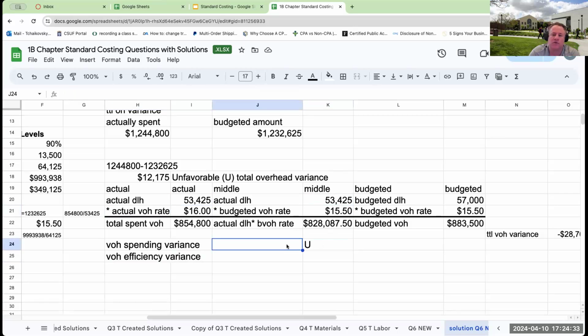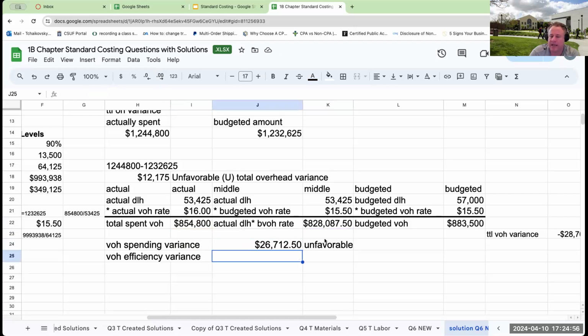So I know that this is going to be unfavorable, right? So the way I'm going to compute this is 854,800 minus 828,087.50, or a 26,712.50 unfavorable spending variance.